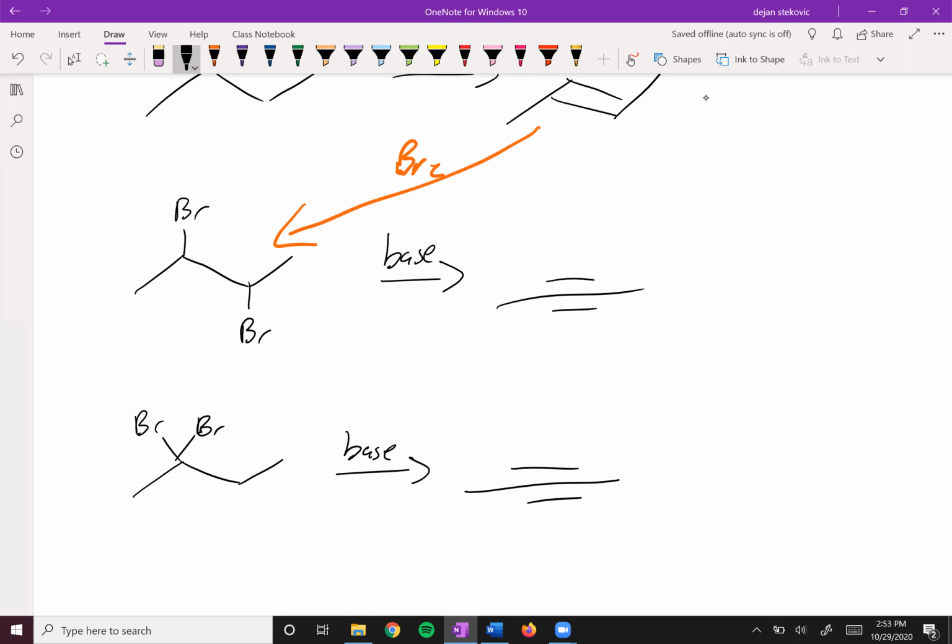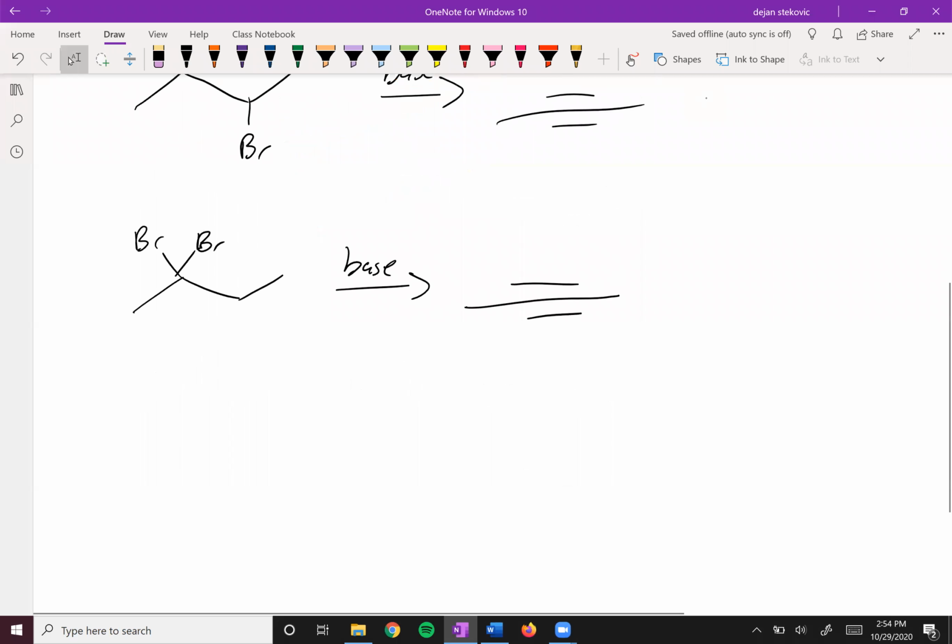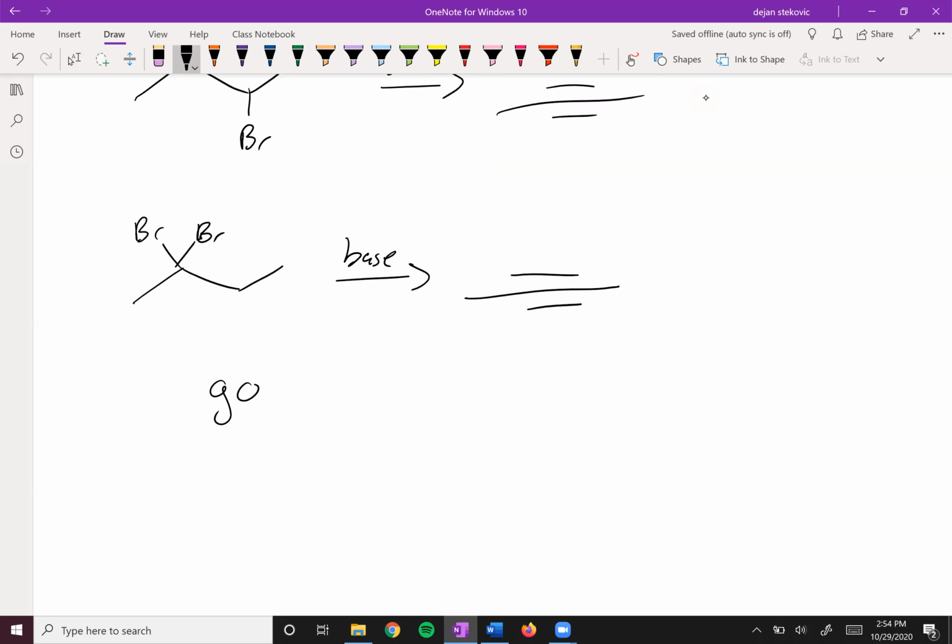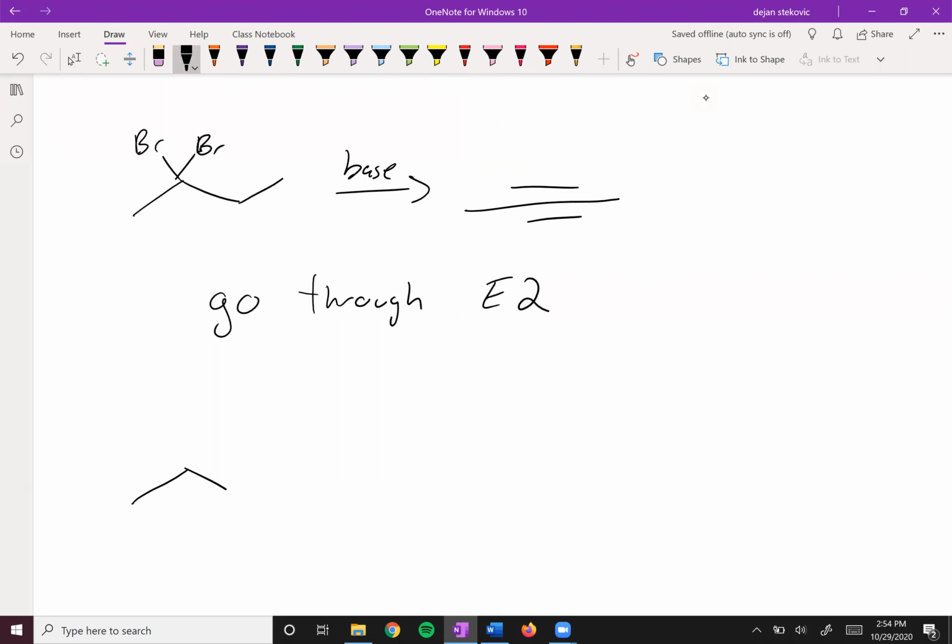So this works as well. Again, you'll form an alkyne. All of these go through an E2 mechanism. So for example, we have some kind of base.